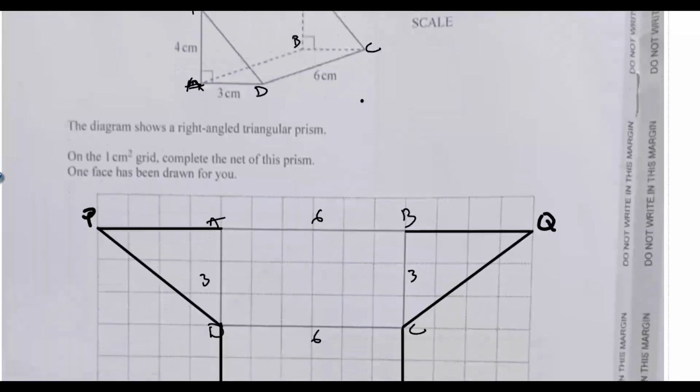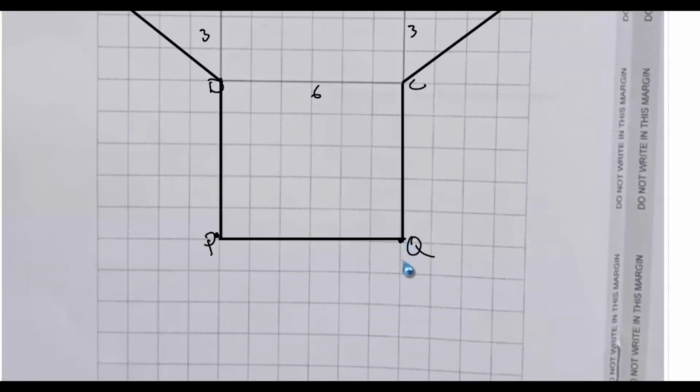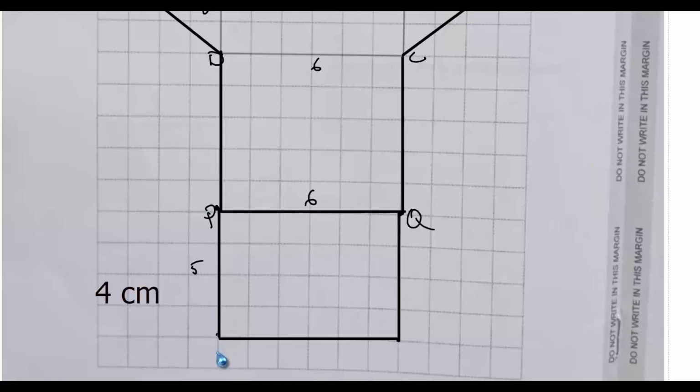So let's scroll down a little bit. So we need to count 4 downward. 1, 2, 3, 4. It will be here. Then the other one will be here. So let's join it together. Don't forget this remains 6 centimeters and this side must be 5 centimeters. So let's join them together. Points A and B will be here respectively, A here and B here.